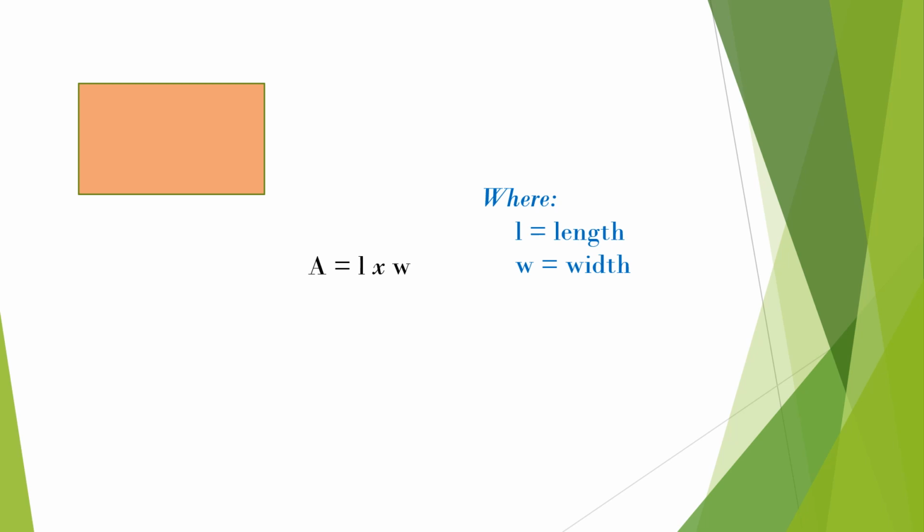Let us do an example. Let us say the length of this rectangle is 8 centimeters and the width is 6 centimeters. Now we substitute L by 8 centimeters and W by 6 centimeters.